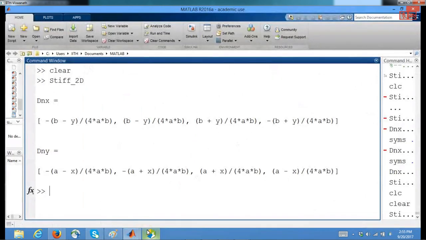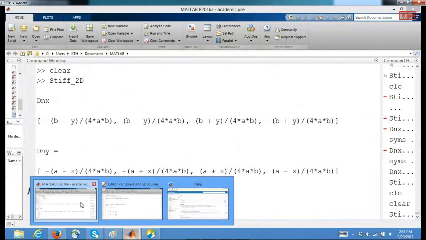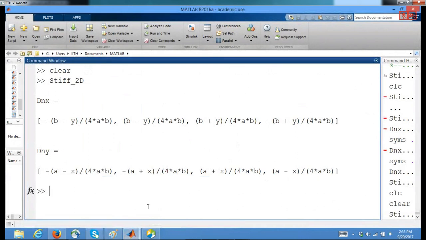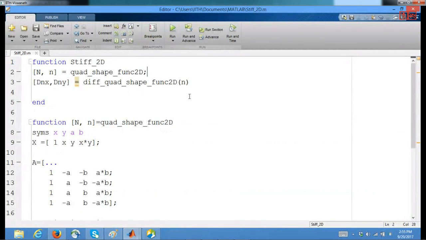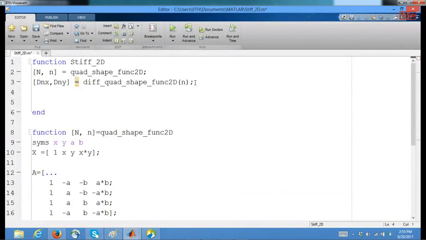So now what I'll do, I'll go back to this, and B is equals to strain displacement matrix coming from dnx and dny, right?